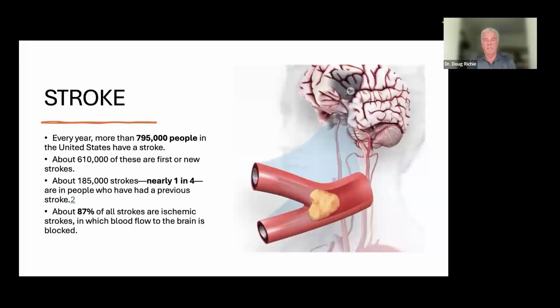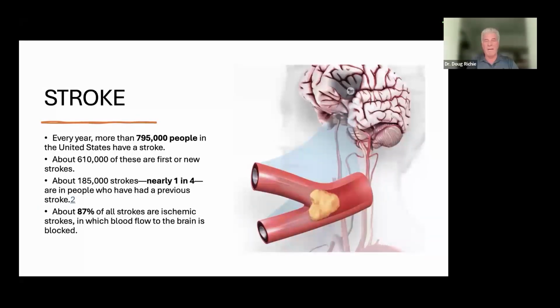Just a couple of interesting statistics: about 800,000 people in the United States have a stroke every year. Of these, the vast majority are first-time strokes. About 1 in 4 are a second or third stroke. And almost 90% of strokes are ischemic rather than hemorrhagic.